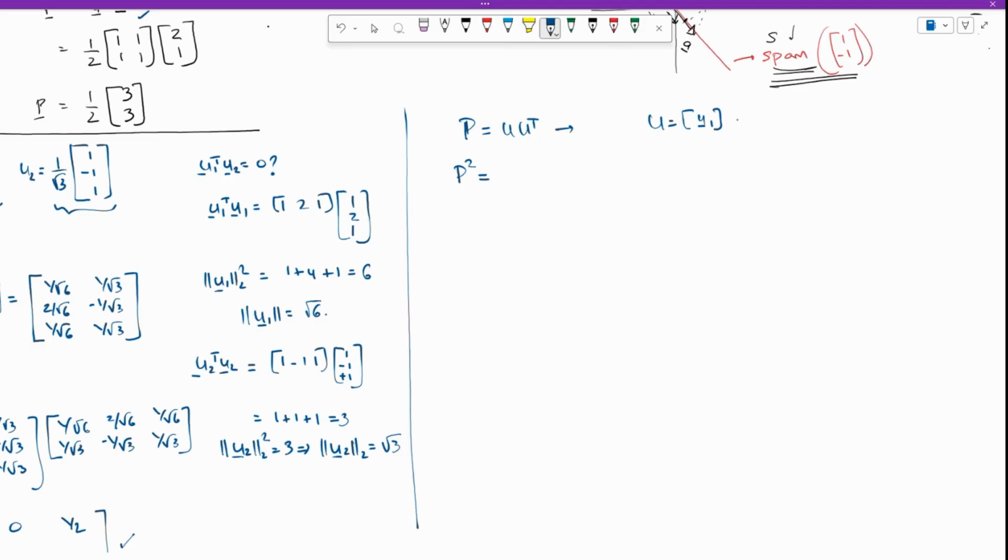If U is simply U1, then P is simply U1 U1 transpose. So what will happen if you compute P squared? Well, P squared is P into P. P is U1 U1 transpose, times U1 U1 transpose. Can we simplify this any further?